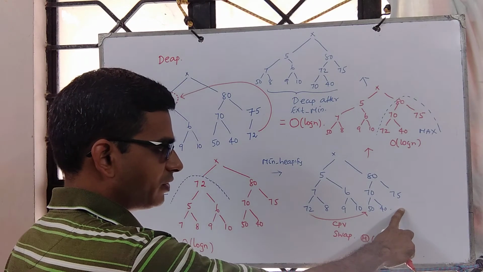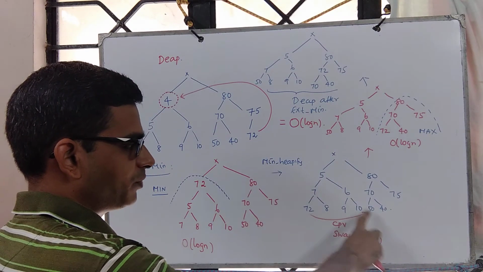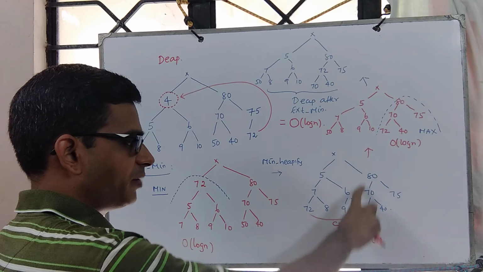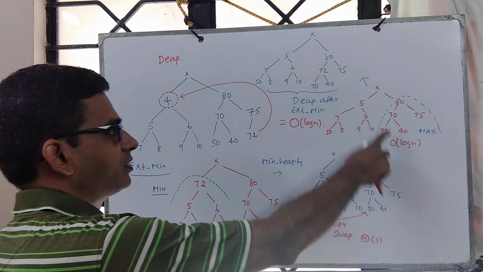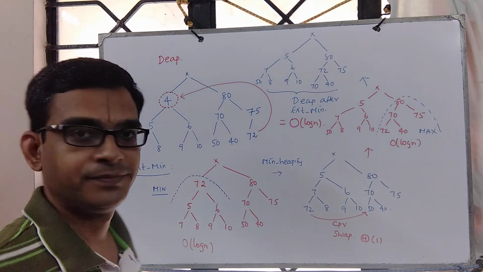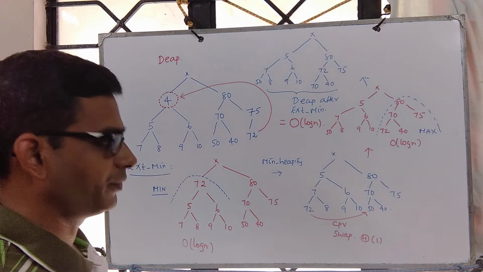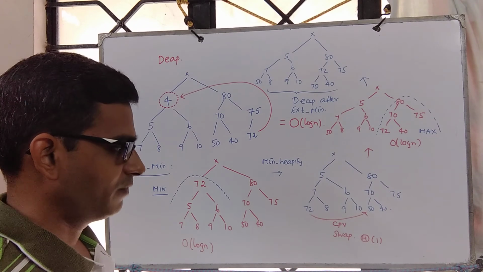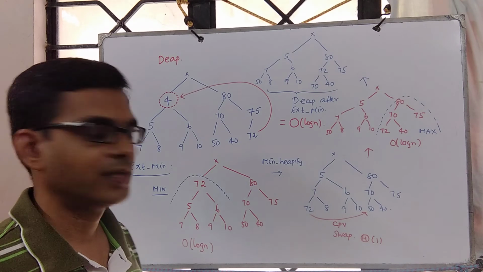Something that was there on the right, for example this one, has now come to the left. It may probably violate the max, and it is indeed the case. So that is also done. And you see that a similar thing can happen when we do extract max as well. We shall see one case study to analyze extract max itself.